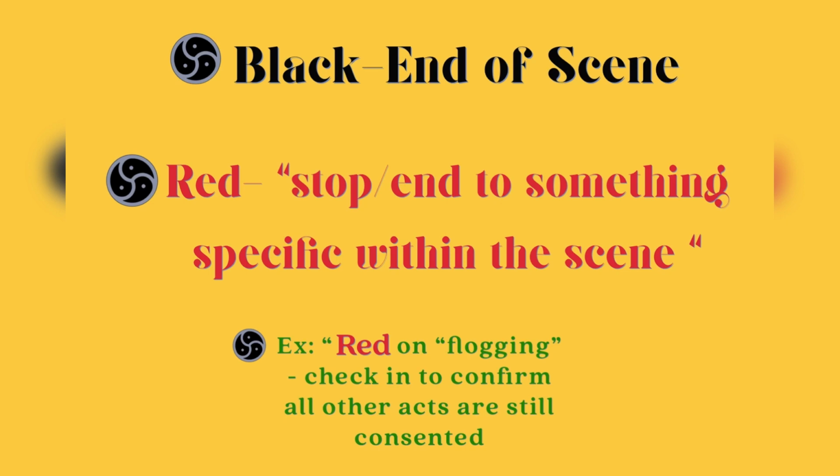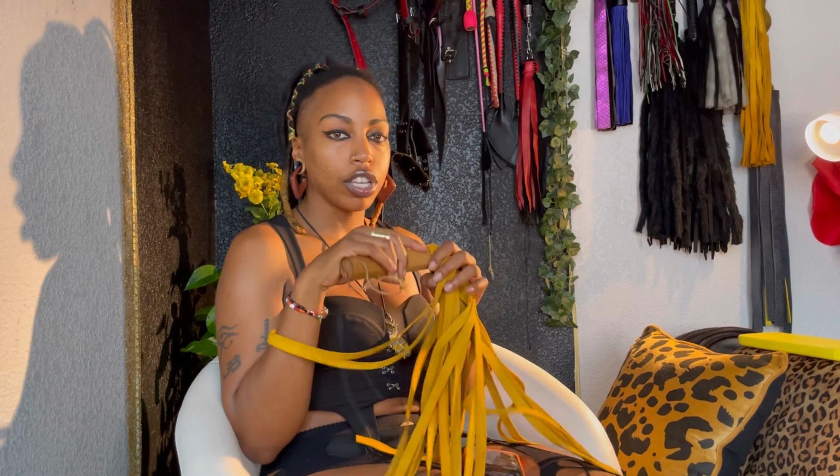For example, when I'm flogging them as well as performing a little bit of breath play with my hand around their neck, if they call black, I remove everything if we're implementing black. If they say red on the breath play, then I'll still continuously use my flogger.